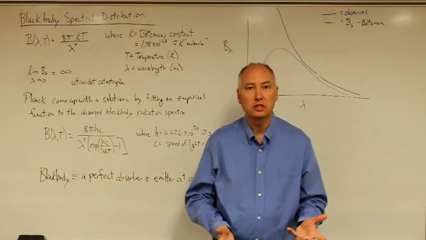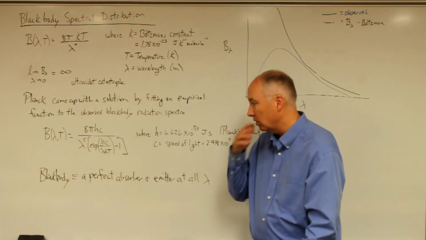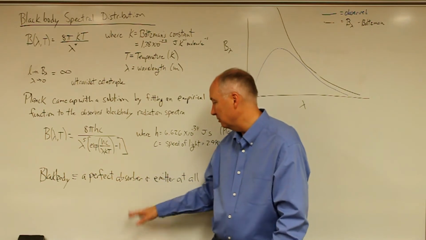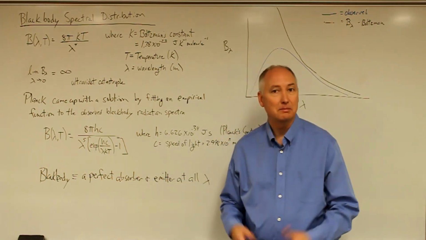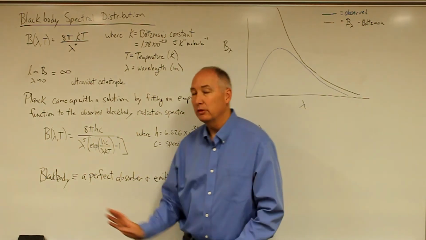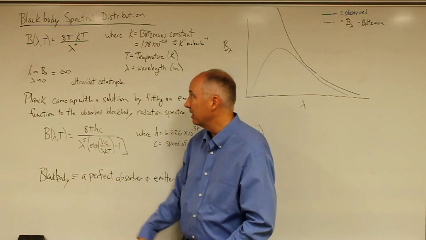There is no such object as a blackbody in the universe that we know of, and so we refer to most things as gray bodies, which means that they're not perfect absorbers or perfect emitters at all wavelengths. They may be perfect at individual wavelengths, but not at all wavelengths. But the formulation that we're talking about here is for a theoretical blackbody object.